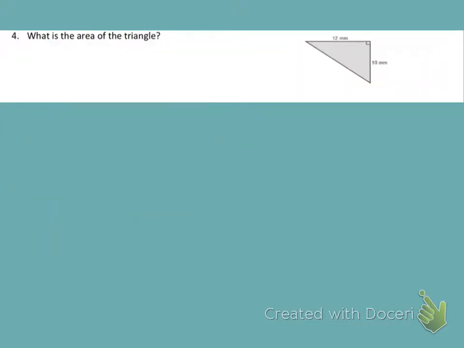Number 4, what is the area of the triangle? So on your star chart, you have this formula. Area equals 1/2 base times height. I like to use this formula, base times height divided by 2, because the third step of this formula is the first step of this formula, so it's just easier to do.